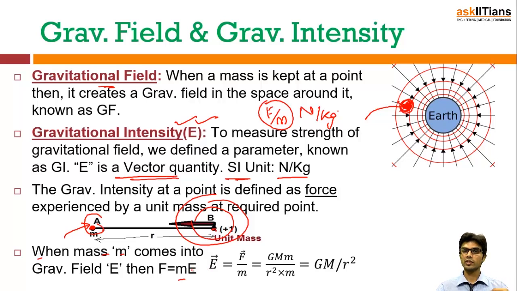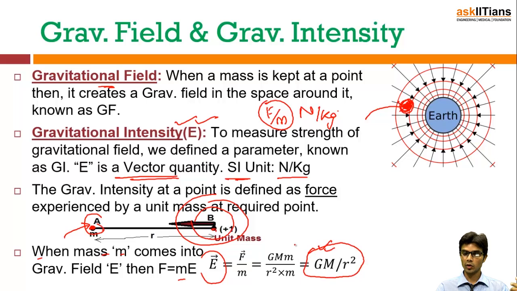Now in vector form, since E, the gravitational intensity, is a vector and F is a vector, F divided by mass gives gravitational intensity as a vector. Putting the force as G m1 m2 by r squared, this gives E equal to GM by r squared.